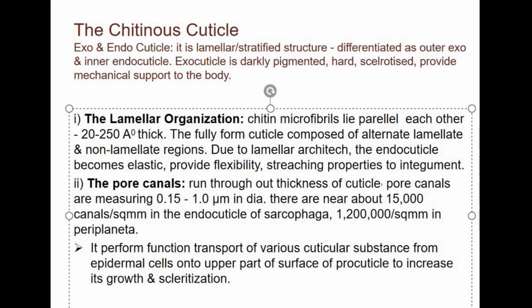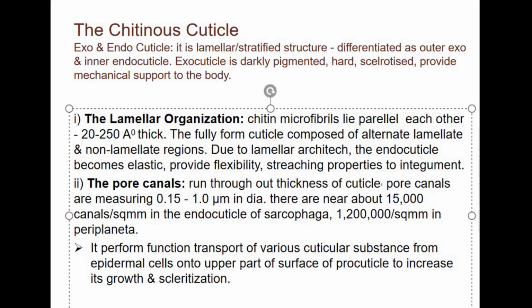In the newly synthesized cuticle, the pore canals follow a spiral course and contain cytoplasmic filaments, while in the matured cuticle they become straight and contain cuticular substances. Distally, the pore canals divide into the wax layer of the epicuticle after penetrating the cuticulin layer.